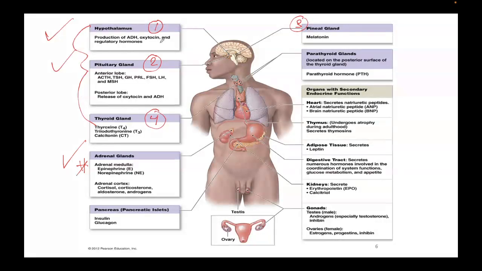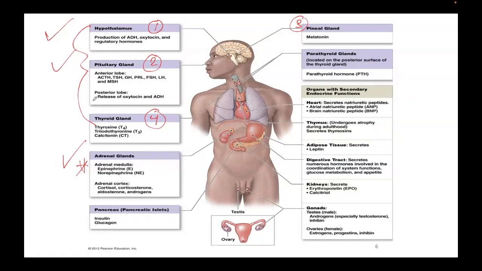And these kind of work hand in hand because the hypothalamus itself is always sending some sort of messenger to the pituitary, and then the pituitary will send a messenger to the thyroid.